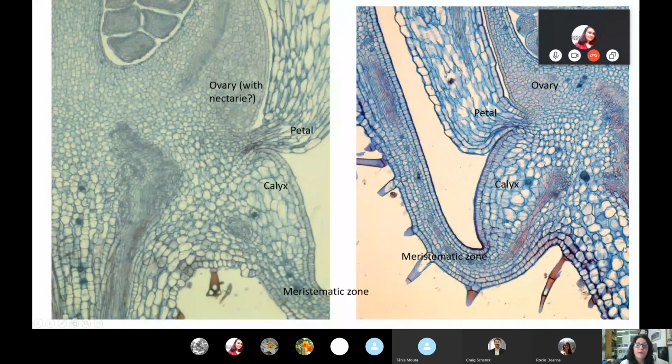So these are longitudinal sections of a whole flower with a larger area close to the ovary, which I think in some species might be a nectary, but which is almost lacking in others. For example, the one to the left has an enlarged area, which is lacking in the one to the right. The rest is pretty much the same, the petal insertion and the meristematic zone in the calyx.